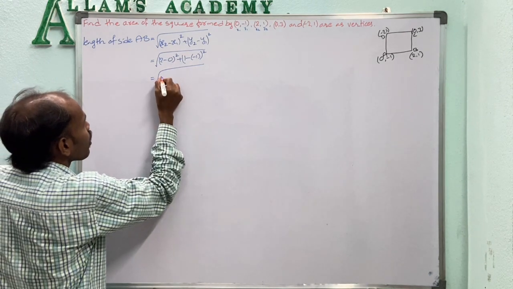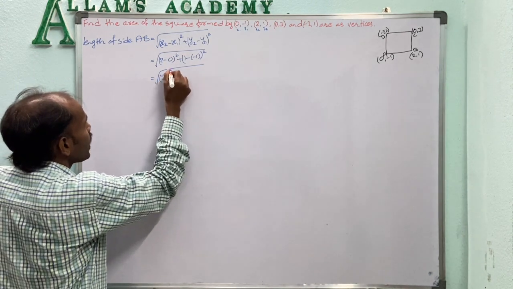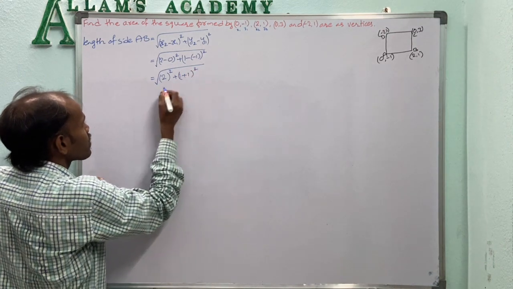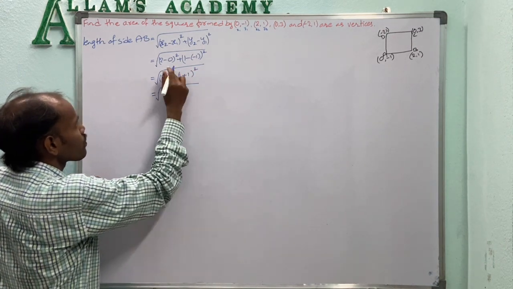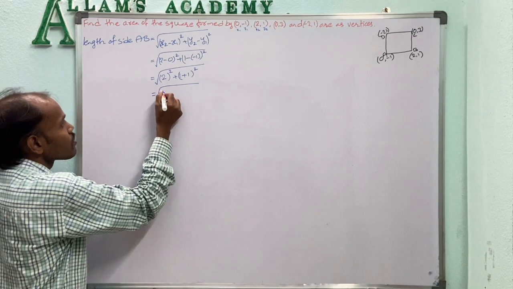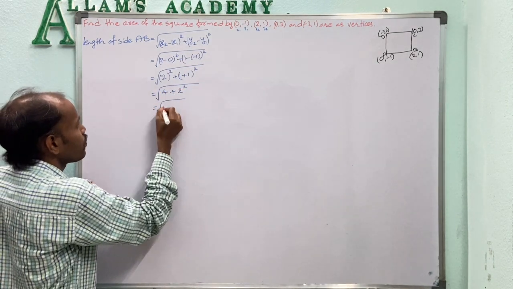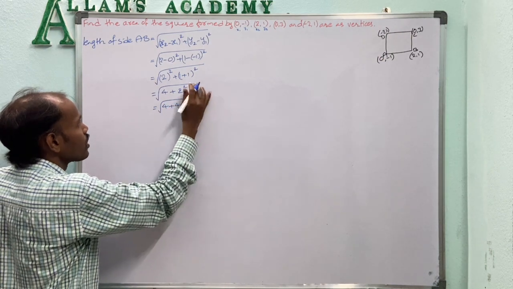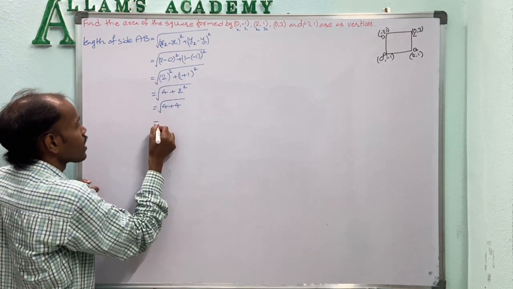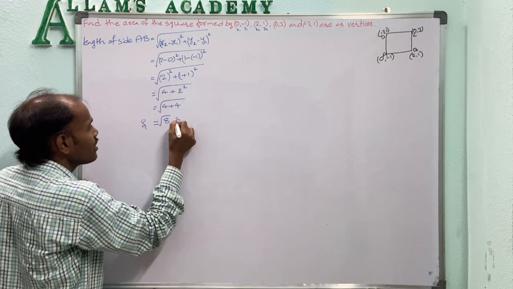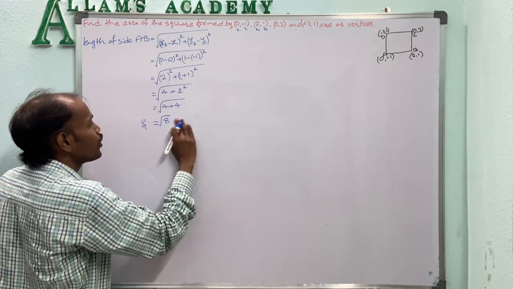So under root 2 whole square plus (1 plus 1) whole square. 1 plus 1 equals 2 and 2 square equals 4. So under root 4 plus 4, that is root 8. So one side length is root 8 units.